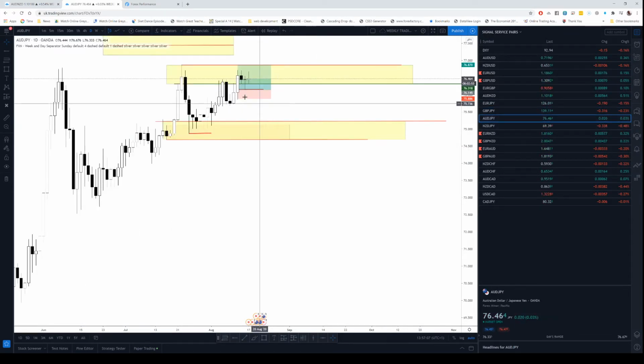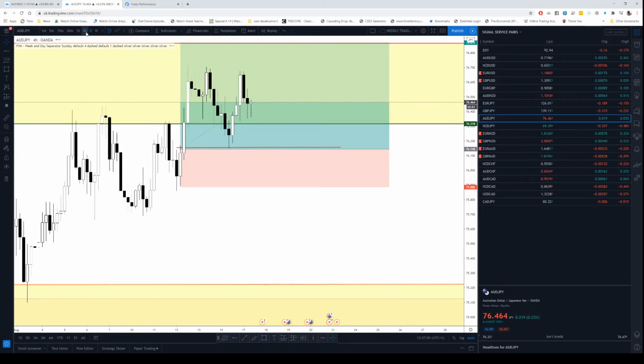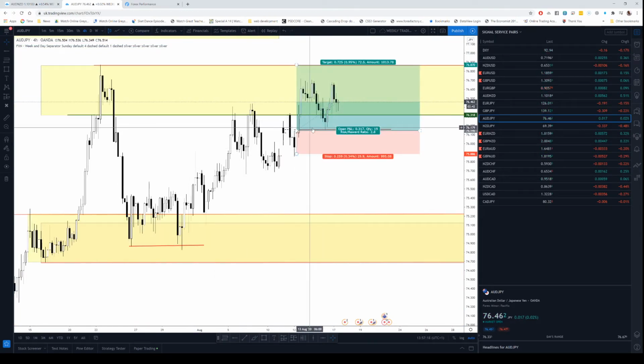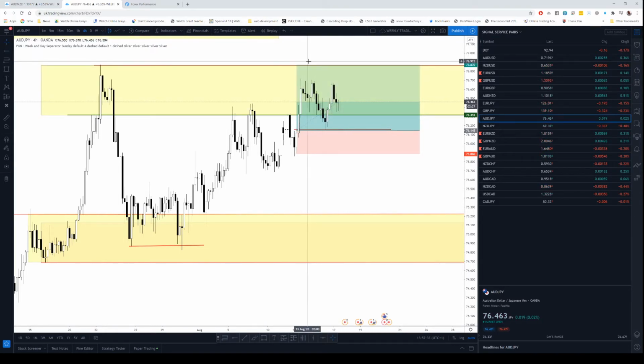Aussie yen, for whoever called this level, wanted this high to be taken, that was the level I gave, and that was the trade idea. So if you did buy it, congratulations, and look for that high to be run.